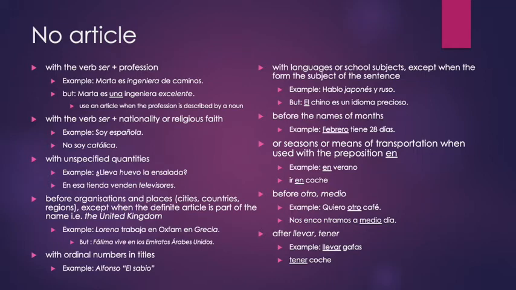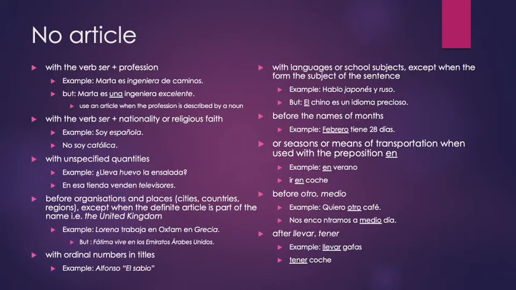February has 28 days. Or seasons or means of transportation when used with the preposition en. So after en, no article. Example, en verano, ir en coche. In summer, go by car; coche means car, like carro. Before otro, medio. Example, quiero otro café.